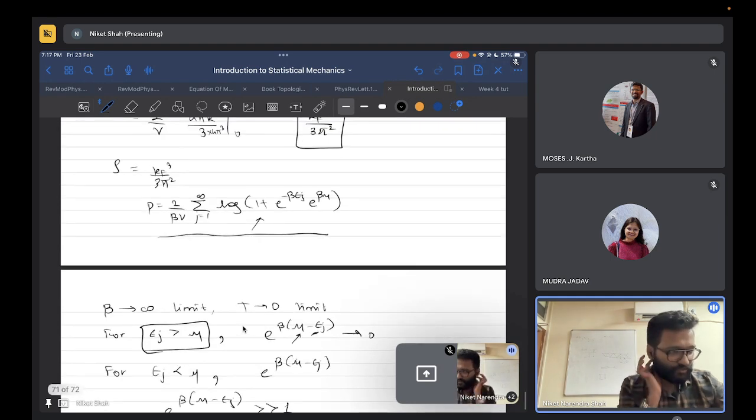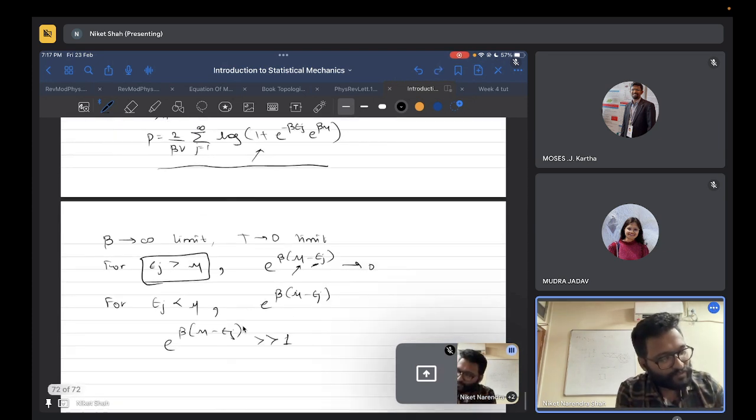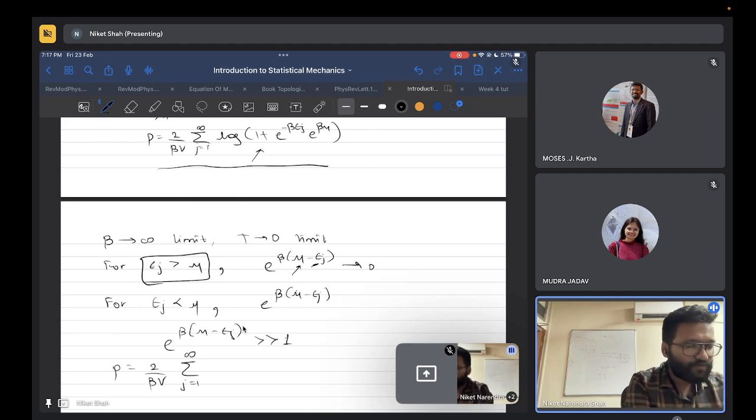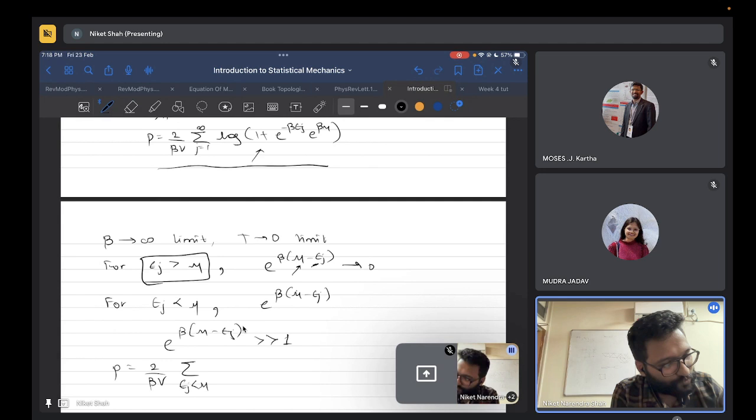So I'll just ignore this 1 which I have here in this equation, and simply write this as P is equal to 2 by beta V, sum over j equal to 1 to infinity, basically all energy states. But now, because we know that we don't have to go till all energy states, the summation will be restricted to epsilon j less than mu. For all epsilon j which are less than mu, I'll restrict the summation to that.